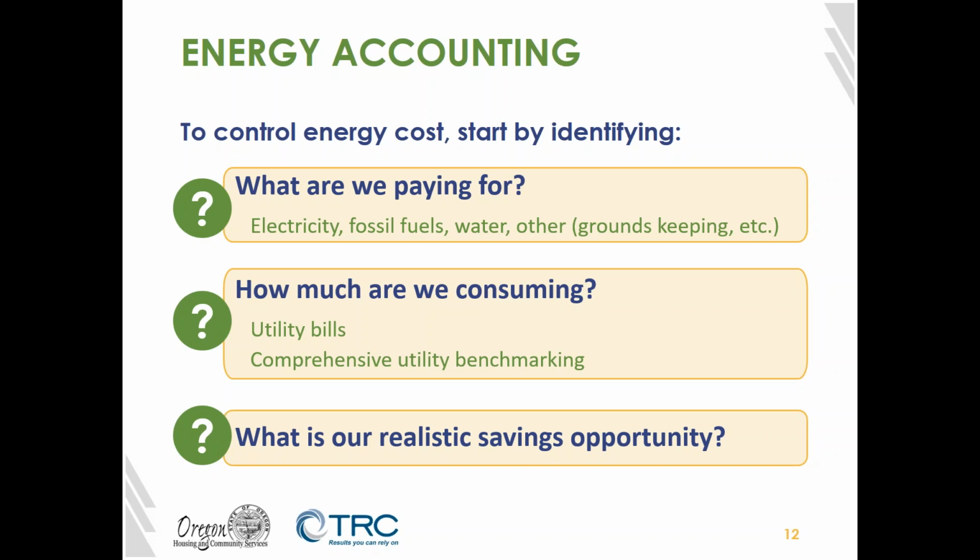Because if someone comes around and tells me, hey, if you replace X piece of equipment, you're going to save 50%, it's like, okay, 50% of what? 50% of my heating bill, 50% of my water heating bill, maybe it's a pool pump, and so it's 50% of my pool electricity usage for that end use.